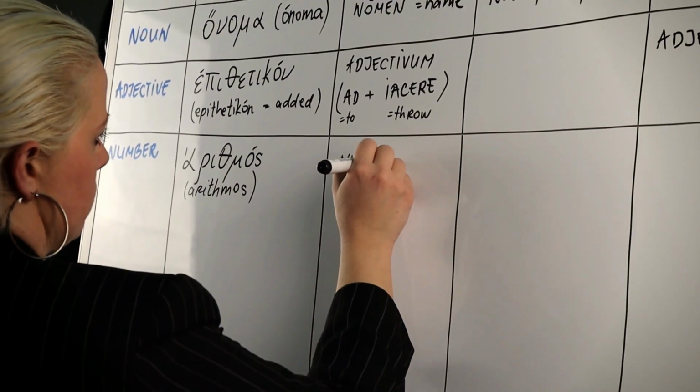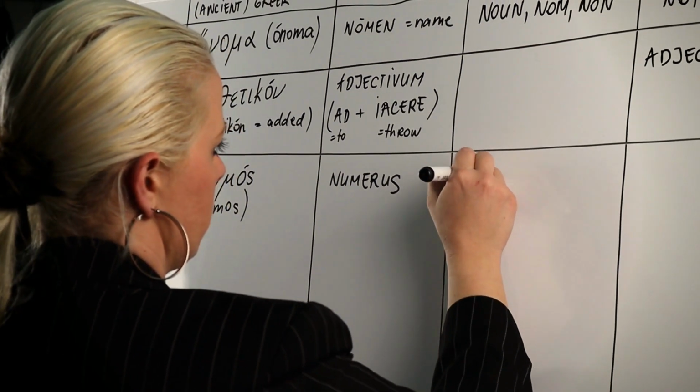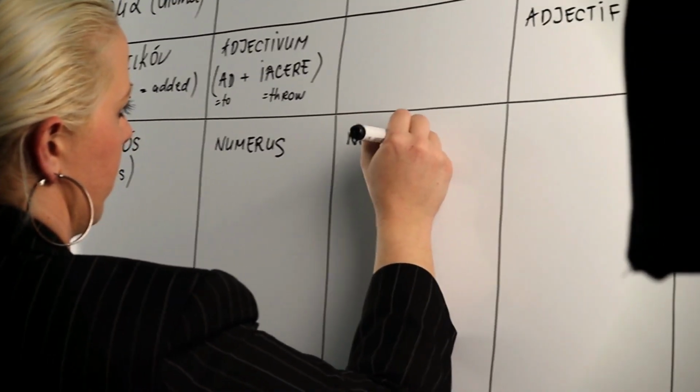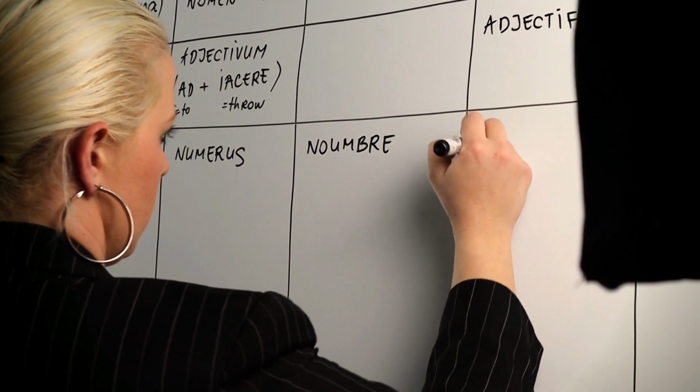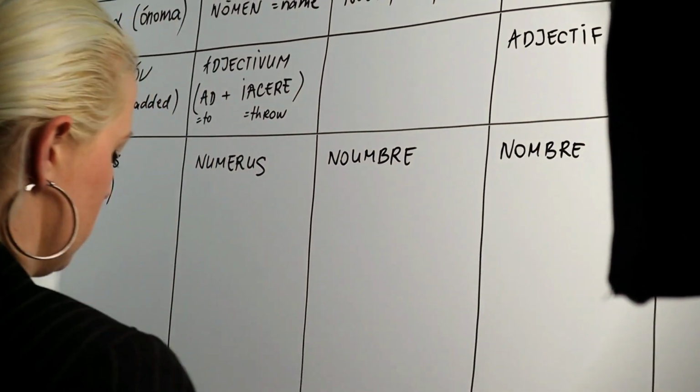Arithmos has the meaning of the word number. In Latin, it was marked with the word numerus, which then in Old French and Anglo-Norman variant was used as the word in Anglo-Norman nombre, and in Old French nombre.